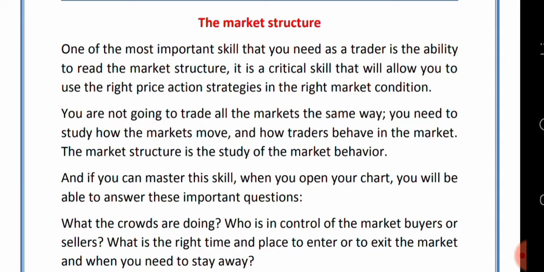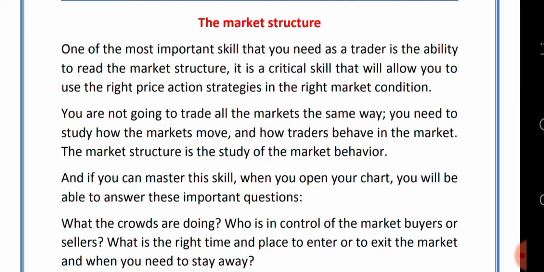The market structure is the study of the market behavior. So basically, understanding how the market works, understanding the market structure, having the ability to read the markets is a critical skill for any professional trader. It will help you to be able to use the right price action strategies in the right market condition.